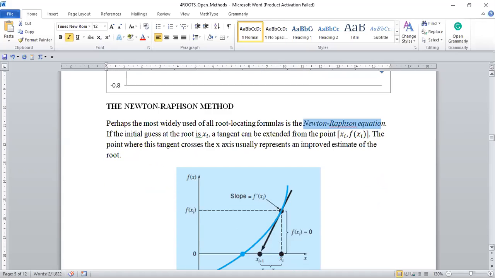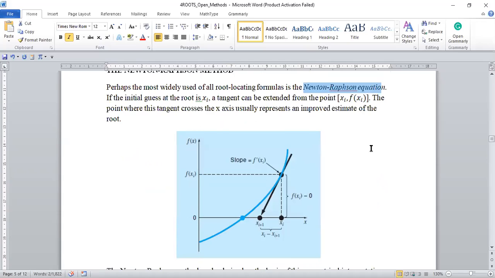It's faster than the other method. So in the Newton-Raphson method, you are giving an initial guess. Then you're going to find the next value.